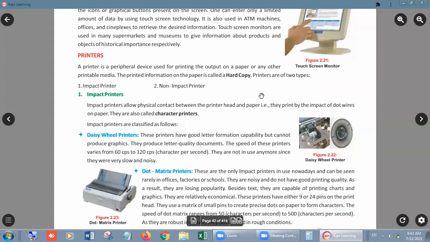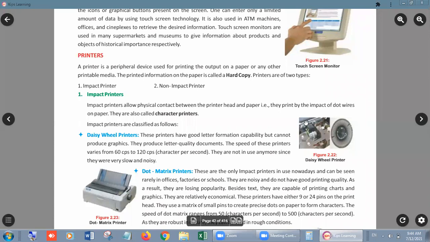Look, students, you can see this ring in the picture, and every ring is connected with a pin, just like a needle. And on the upper side of this, every needle has an alphabet. And when the printer runs, then every alphabet strikes on the ribbon.